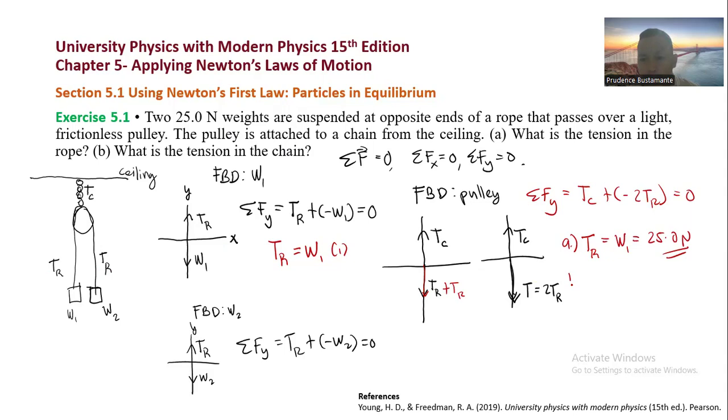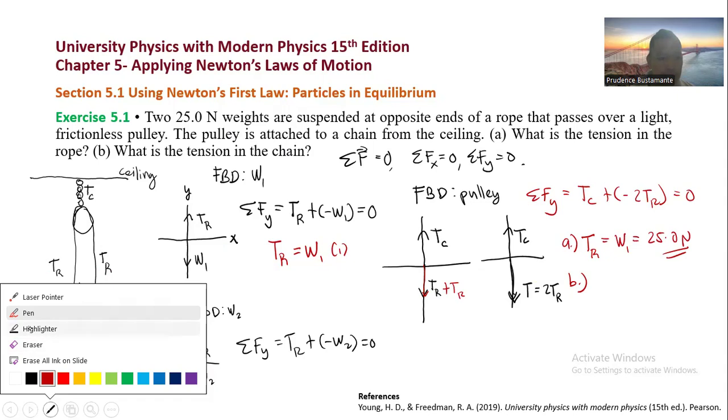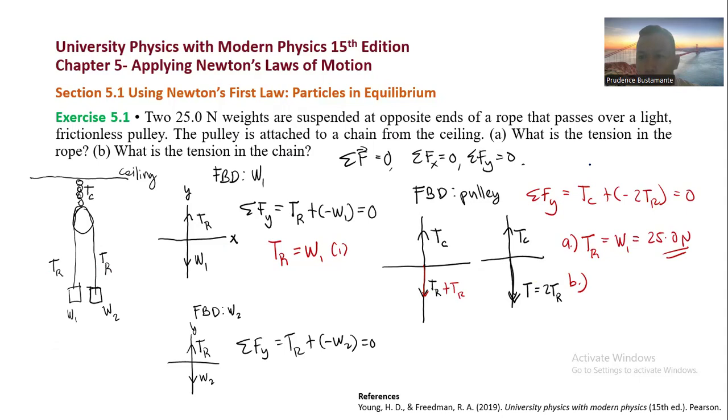How about letter B? What is the tension on the ceiling, or the chain? To answer this, we can generate our third equation from the pulley equation. The tension on the ceiling is equal to, transferring this to the other side, 2 times the tension on the rope. Therefore this is our equation 3.